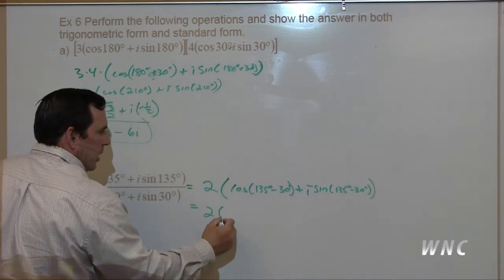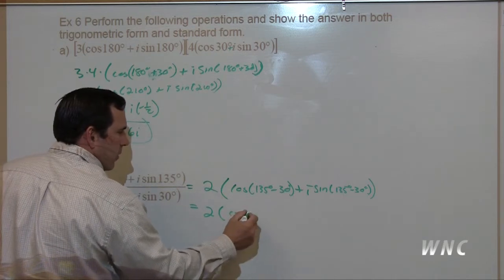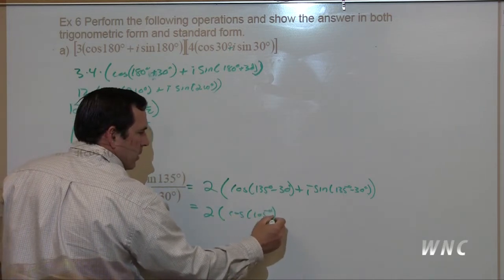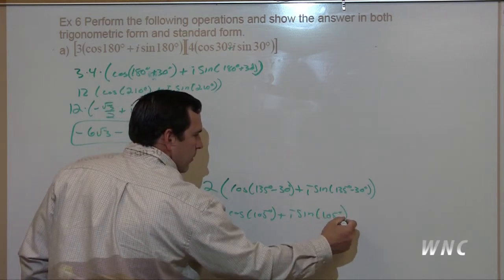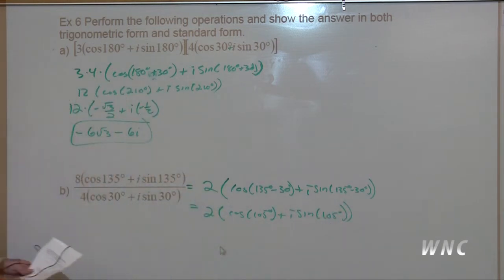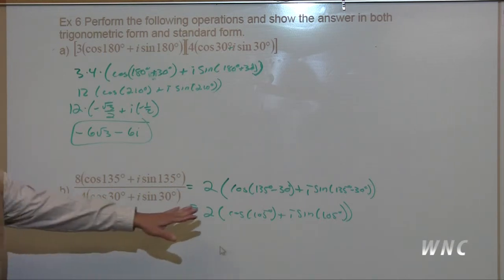So it's 2 times cosine of 105 degrees plus i sine of 105 degrees. Now unfortunately, 105 degrees is not a standard value that we know. So here's the trigonometric answer.